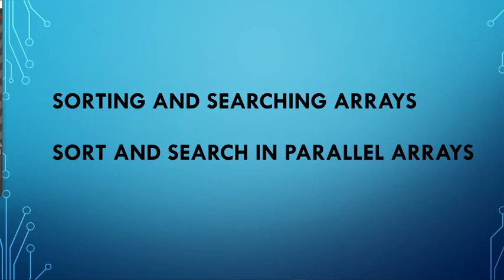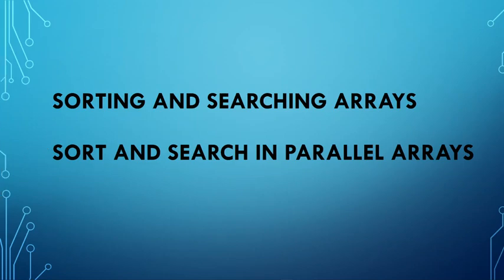So if you find an author in the author array at position 5, the book in position 5 in the title array does not match. So we are going to look at an algorithm that enables us to sort the one array and keep the corresponding elements in the other array in the same position as the new sorted array.